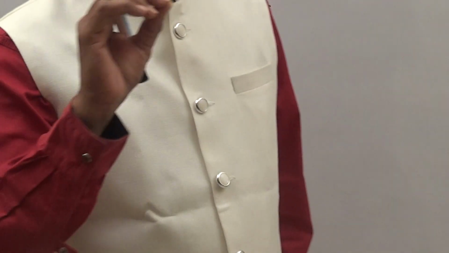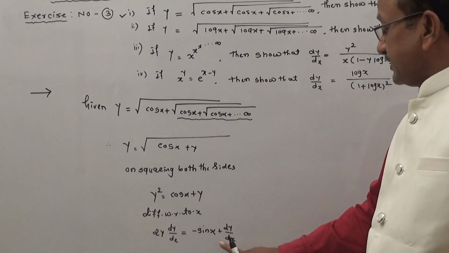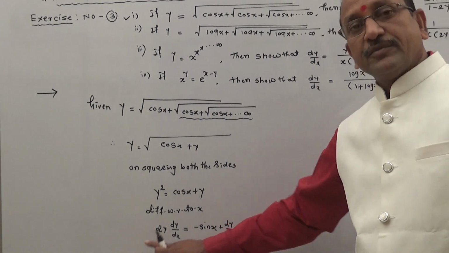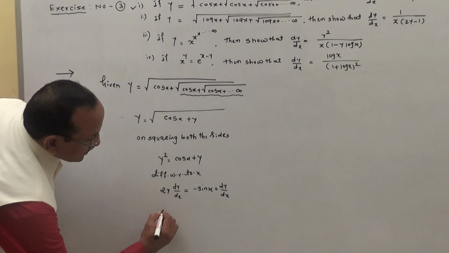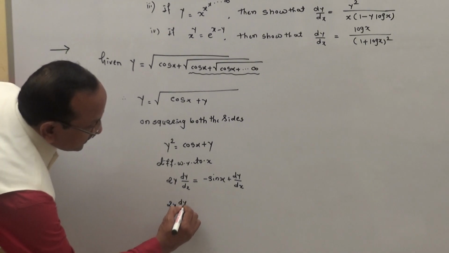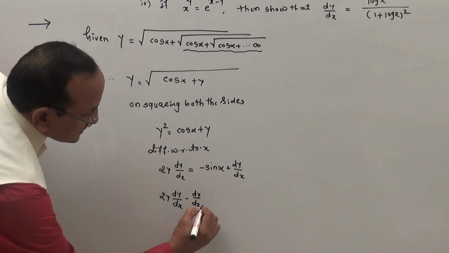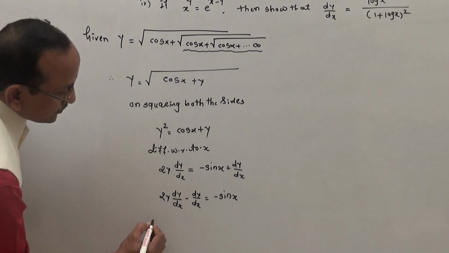Then what is implicit function? After differentiation, take terms involving dy by dx on one side, remaining terms on the other side. So it is 2y dy by dx minus dy by dx is equal to minus sin x.